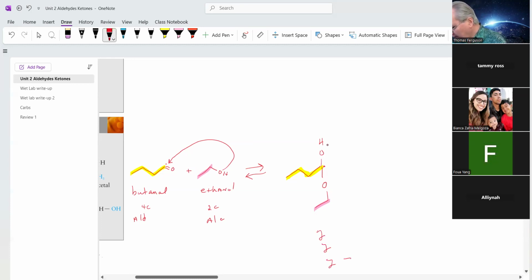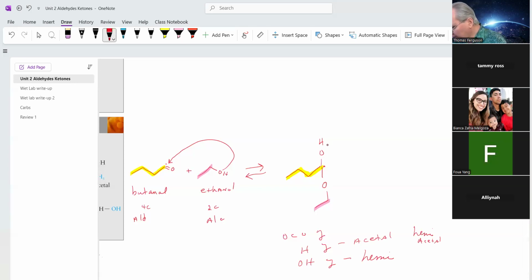So this is the OH, this is H, and this is OCO. Okay, so when we have an H present, that means it's an acetal or a hemiacetal. And OH means it's a hemi. So that's a hemiacetal.